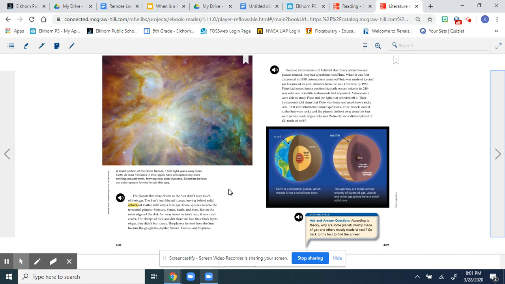So the caption tells us that the photograph shows the Orion Nebula and explains, so right now it's giving us more information than the text did. It's telling us what this is. It's also telling us that 150 stars with protoplanetary disks are forming new solar systems. And the caption relates the information to a nebula, which we talked about on the previous page.